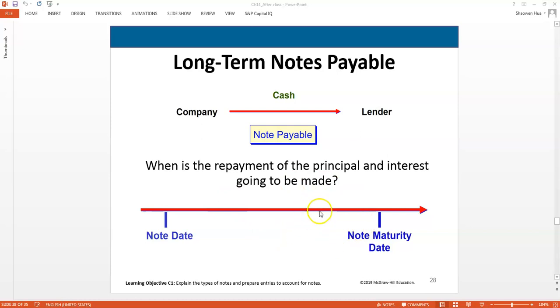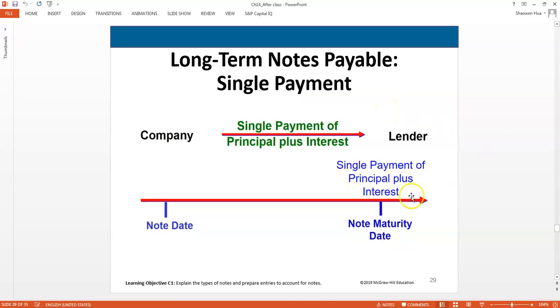Sometime later, when the note expires, or we call it when the note matures, meaning the end of the note, the end of the period, the company will pay back the money they owe the lender plus interest, because several days or months after lending money to you, there is a cost of that money.